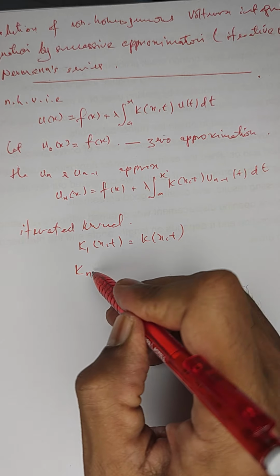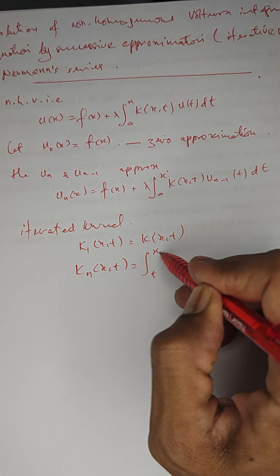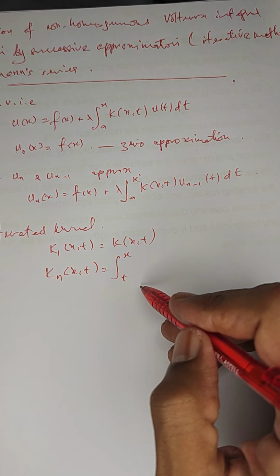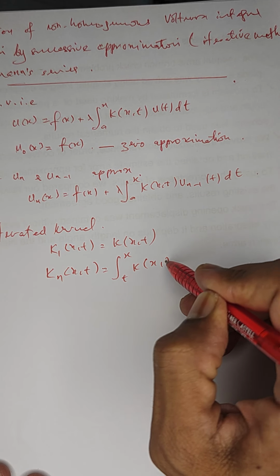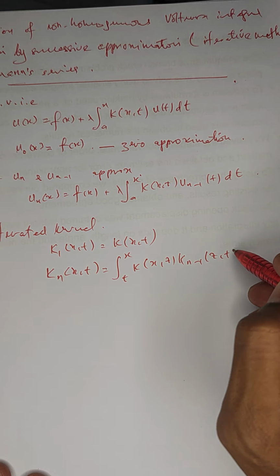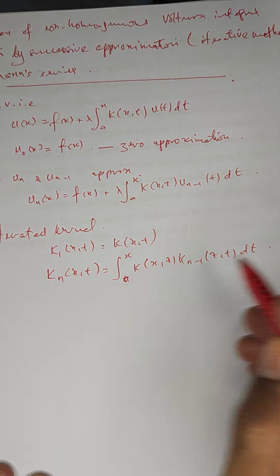And k_n(x,t) is the integral from t to x, for the case of Volterra integral equation, of k(x,z) k_(n-1)(z,t) dz. I think this should be a.